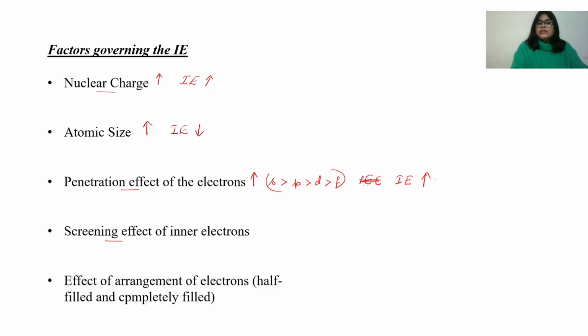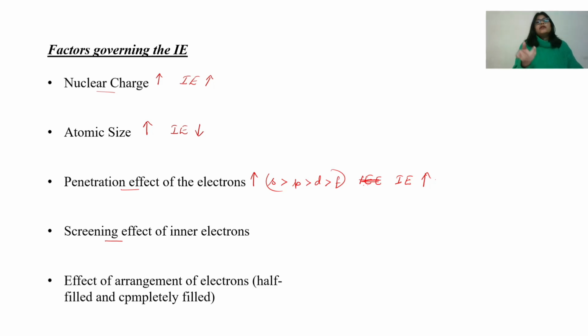So more the screening effect means more the inner electrons exert repulsive force on the valence electron, it will cancel out a lot more of the attractive force that the nucleus is exerting on the valence electron, and therefore the overall attraction would also decrease, right?